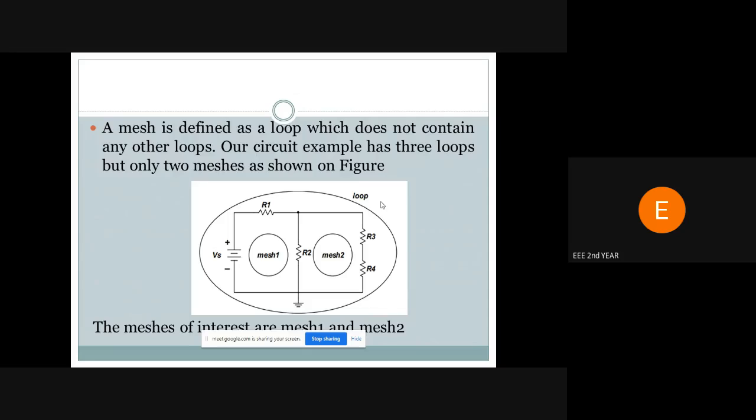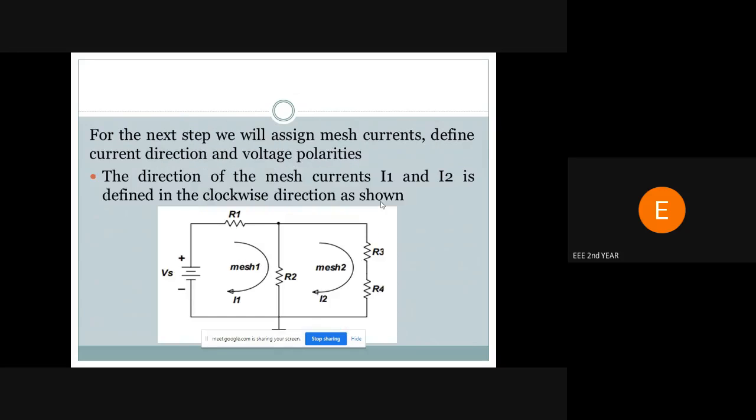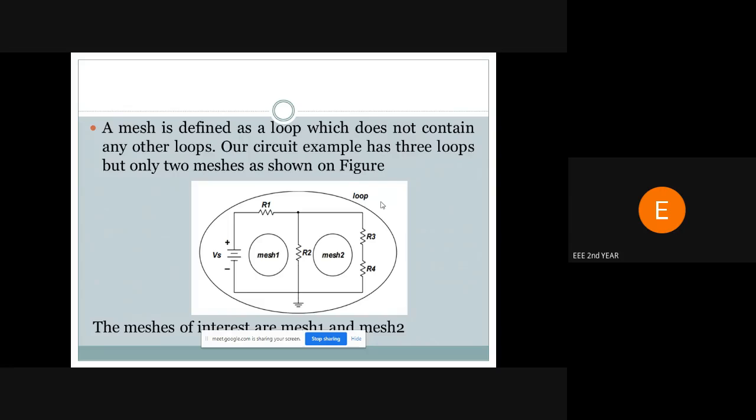The outer loop and another loop are marked by the rounds, and the box structures represent the meshes. So we have mesh 1 and mesh 2. In total it has two meshes, but it can have three loops.